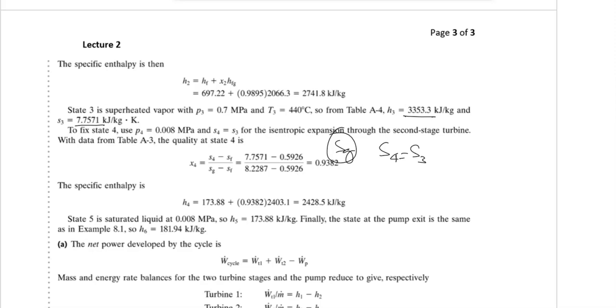Once you find out it is inside the vapor dome, you can find the value of x4 from the entropy formula, put that value in the enthalpy formula, and find the enthalpy at state number 4, which comes up as 2428.5.